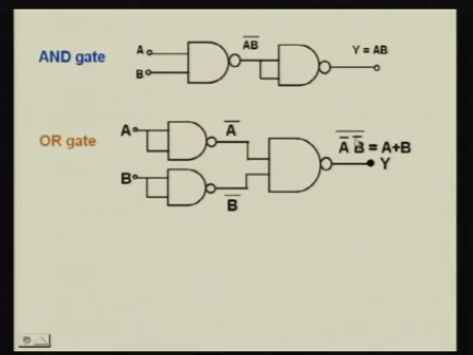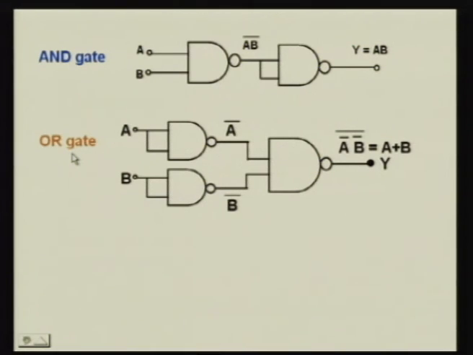So now we need this A bar, B bar whole bar. We use A and B as inputs to inverters, so we get A bar, B bar as the input, and at the output the complement of A bar, B bar, which we simplify, and we get A plus B. So this is very easy for the OR gate.